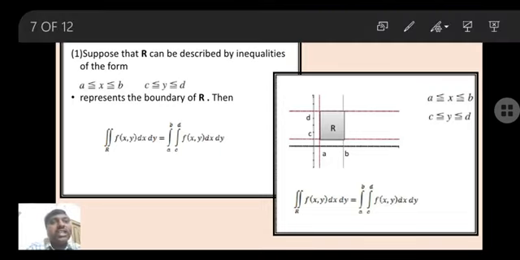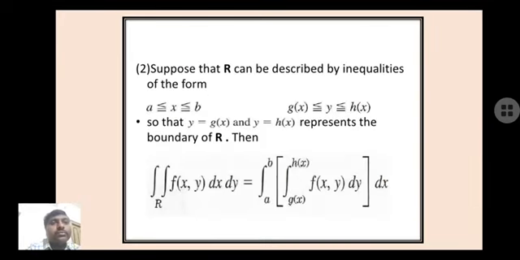Now let's go through the second one. Suppose that R can be described by inequalities of the form a ≤ x ≤ b. As in the previous case, x is between a and b.